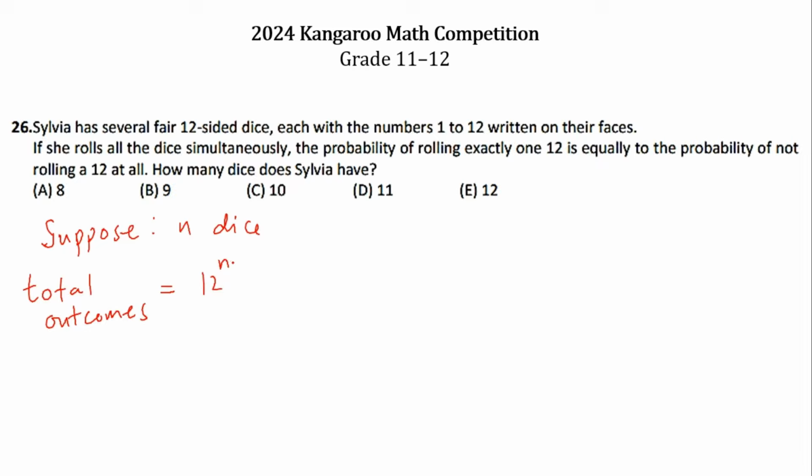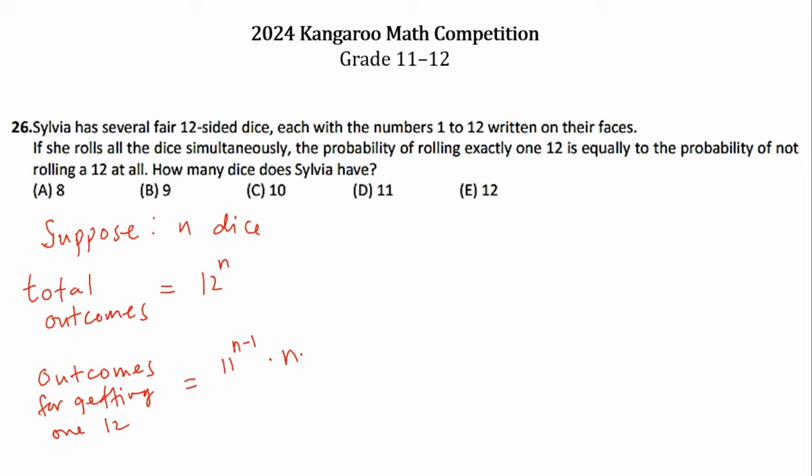Now, the number of outcomes of getting exactly one 12 must be equal to 11 raised to n minus 1 times n, because we only need one die to show up a 12 and the others numbers other than 12.